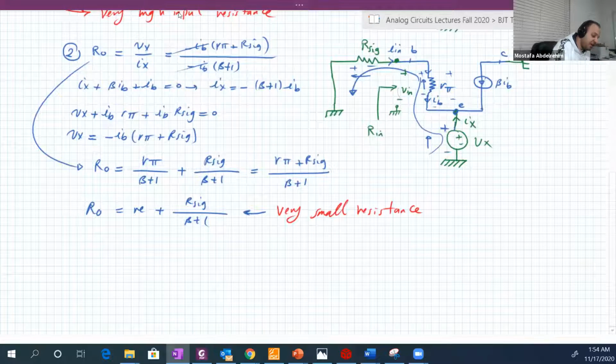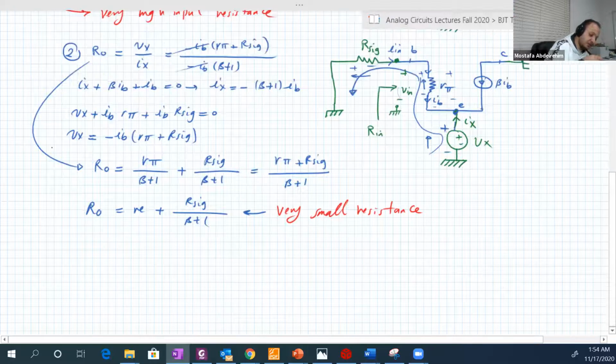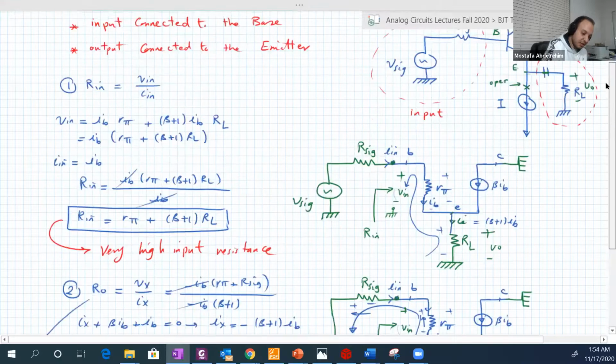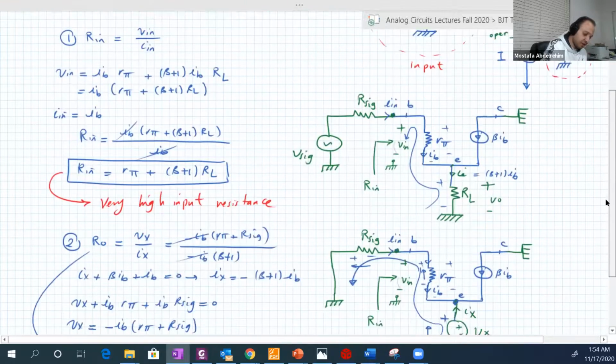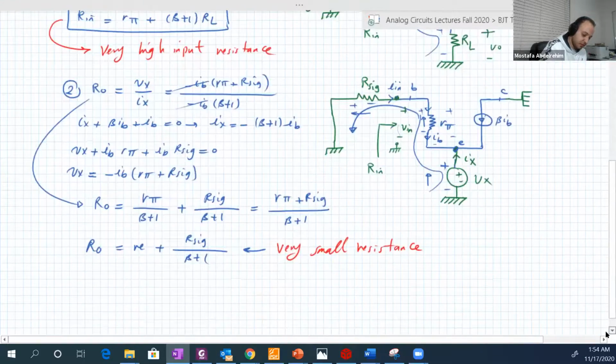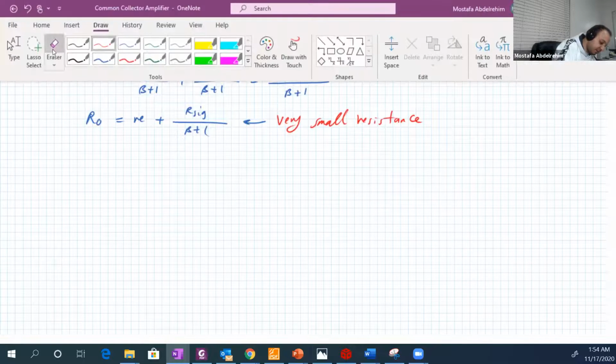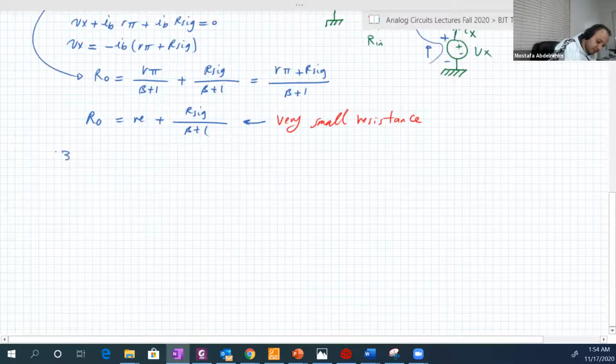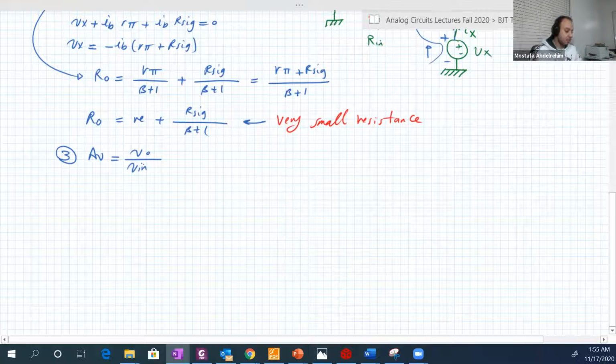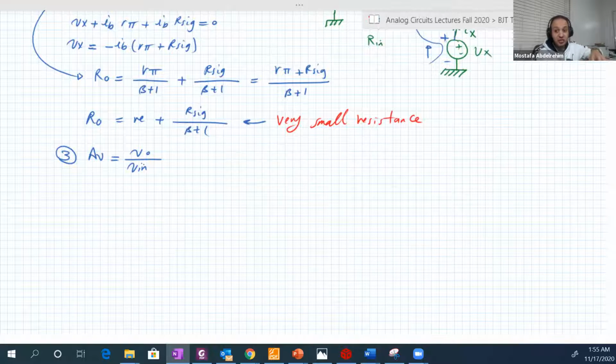How about AV? Let's have another page. I don't think we can continue here. Number 3, AV. AV is VO over Vin. I will deduce AV now, and based on AV, we can get the open loop voltage gain.